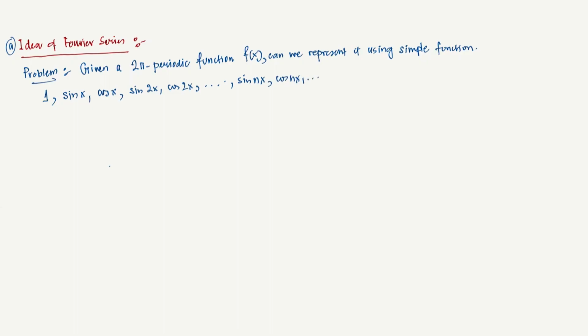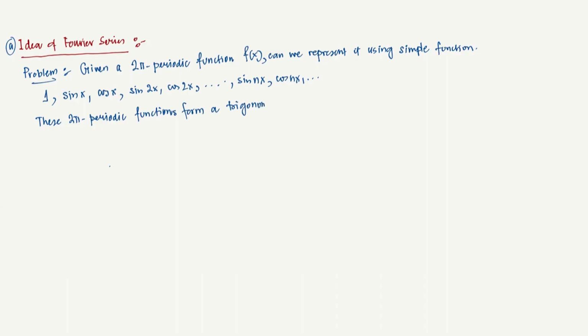Now, this bunch of functions, you do realize they are all 2 pi periodic functions, and this is just a nomenclature. We will call that a trigonometric system. Functions form a trigonometric system.